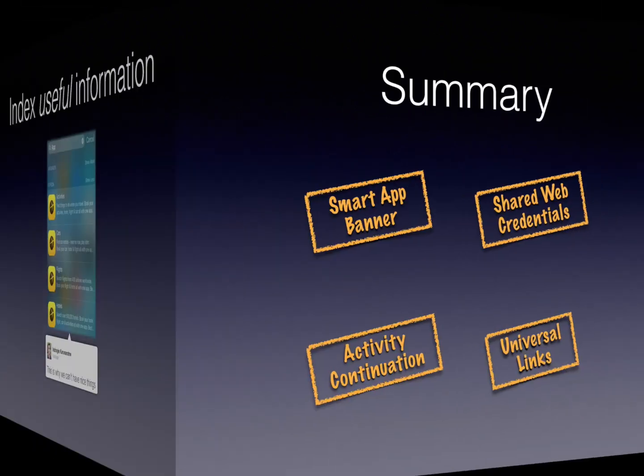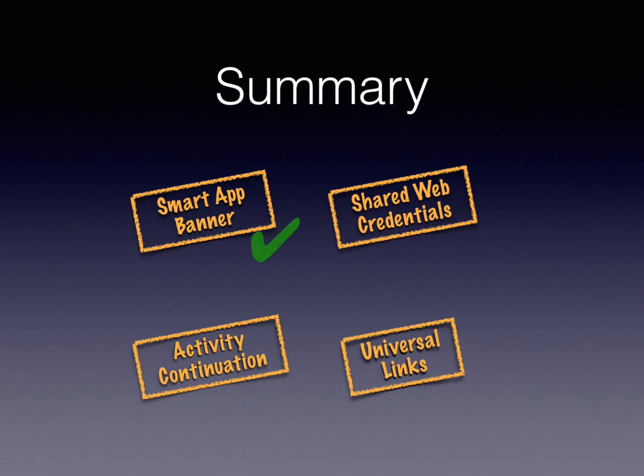So, in summary, we've implemented a smart app banner which allows users to find our app on the App Store, install it, and if you want to go from the website into the app, you can do that via the open button. We have implemented shared web credentials, so users can reuse their login password from Safari in the app and vice versa.